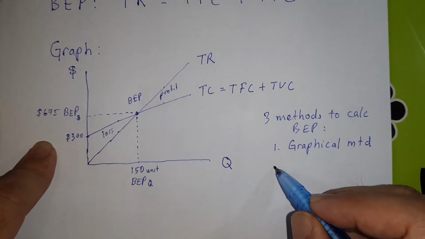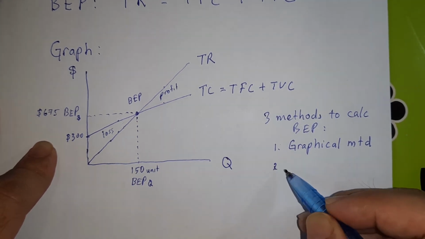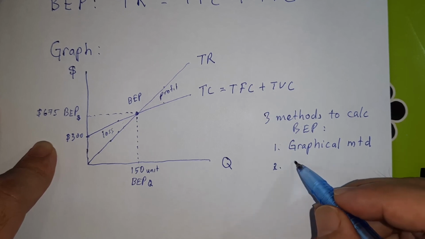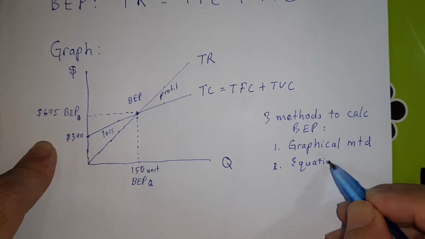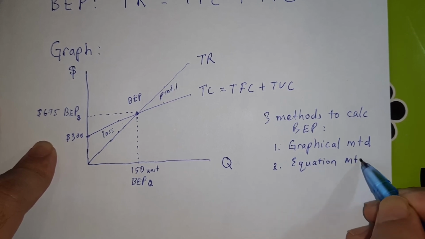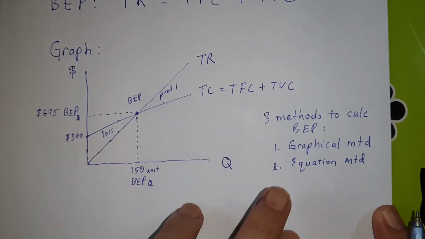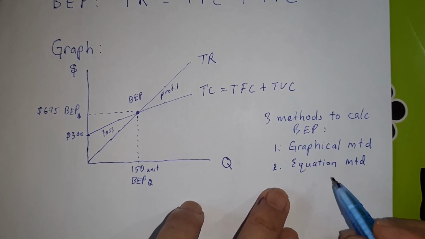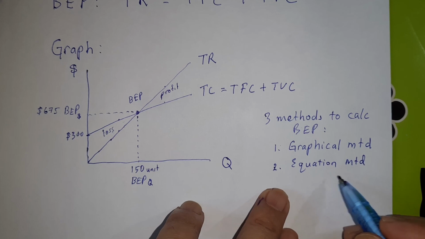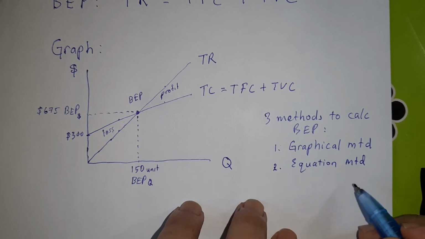The second method that you can use to calculate break-even point is called the equation method. This method uses the equation of total revenue equals total cost.